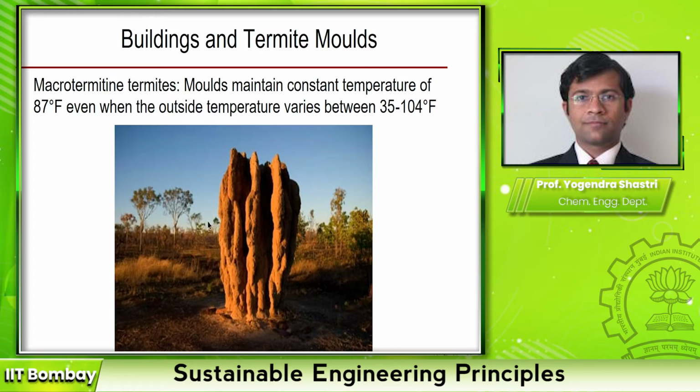So this is a picture of a microtermite mound. This is very common in the African continent. You'll see that this is a fairly large structure above ground, and there is some structure below ground as well where the termites live.